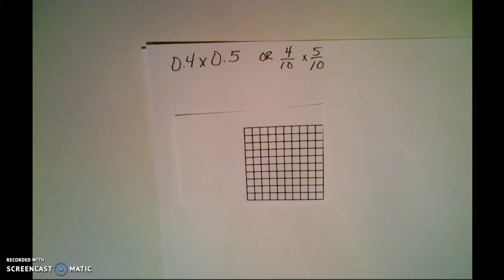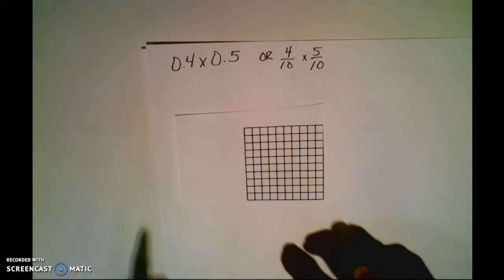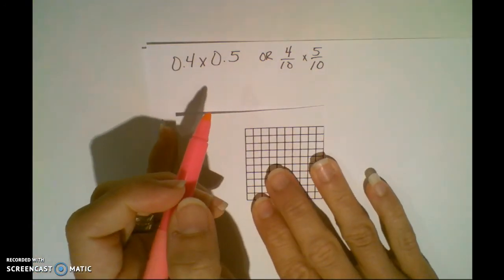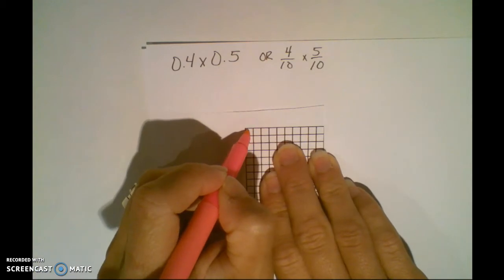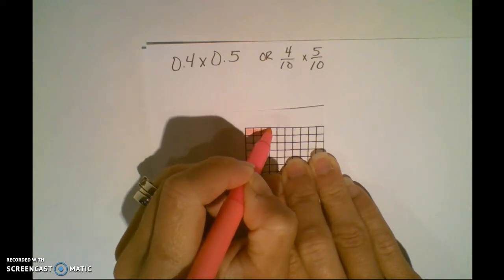So let's look at this. Let's start by saying, okay, I'm not going to multiply 4 whole times 5 whole. I need to multiply 4/10 by 5/10. So going across, let's look at what 4/10 of just one row would look like. Out of the 10, that means I would shade in 1, 2, 3, 4.